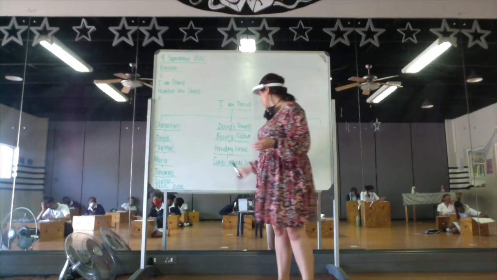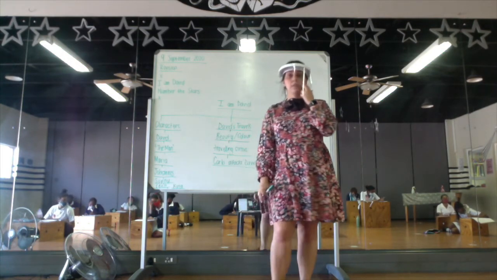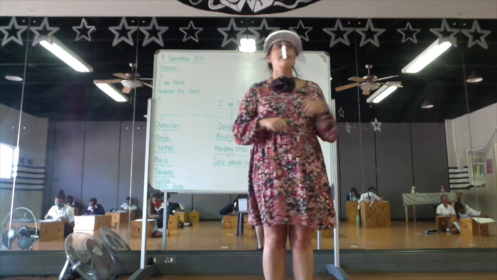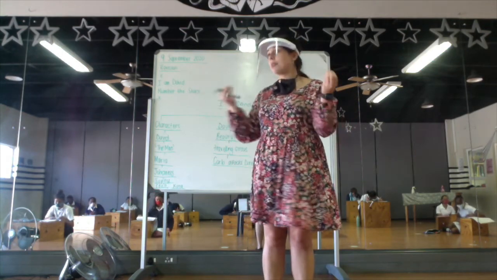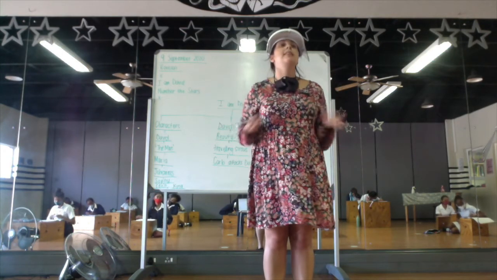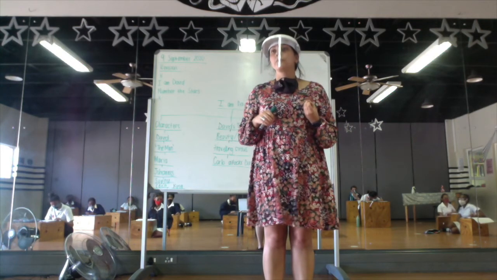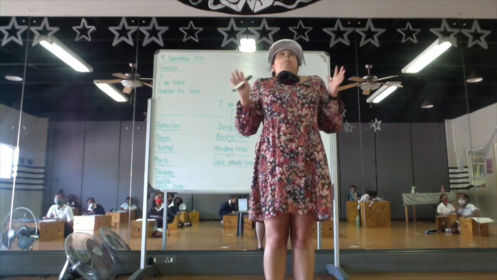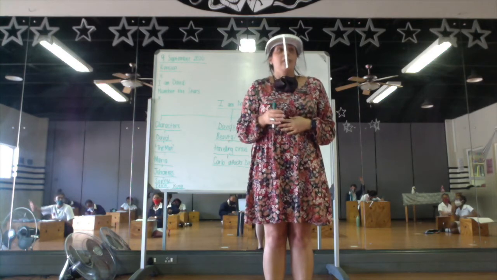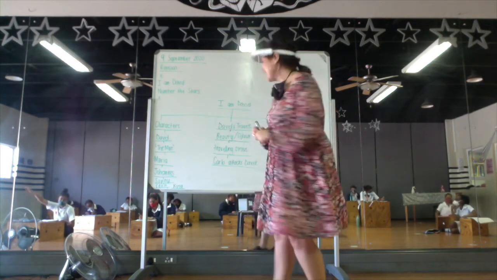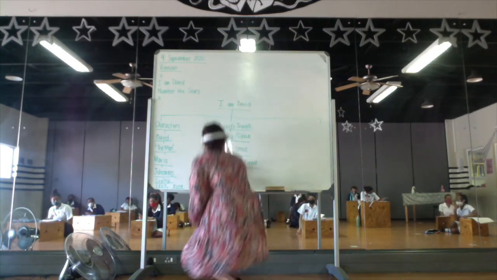Okay? So Carlo attacks David. Right? And David does not retaliate. Do you remember that? Yes. What does that tell us about David's character? Lorela. He doesn't like violence, okay?